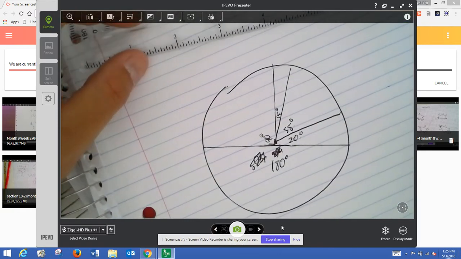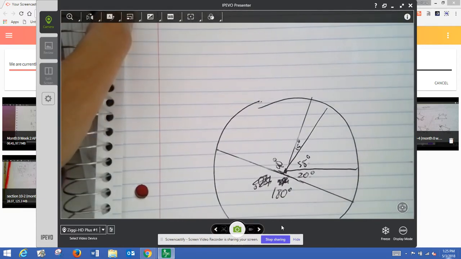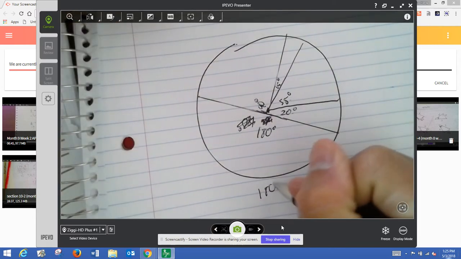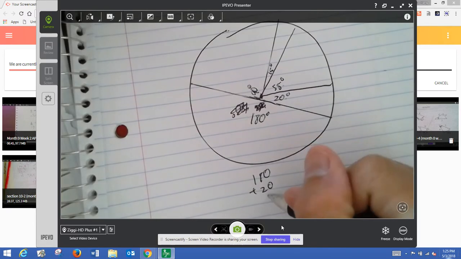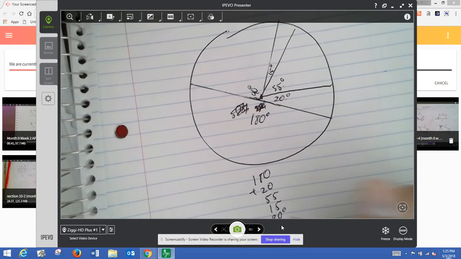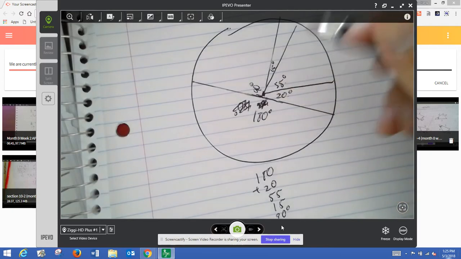Let's see how much they add up to. How much do you think it'll add up to? So let's do that. 180 plus 20 plus 55 degrees plus 15 degrees and 90 degrees. Was it 20?